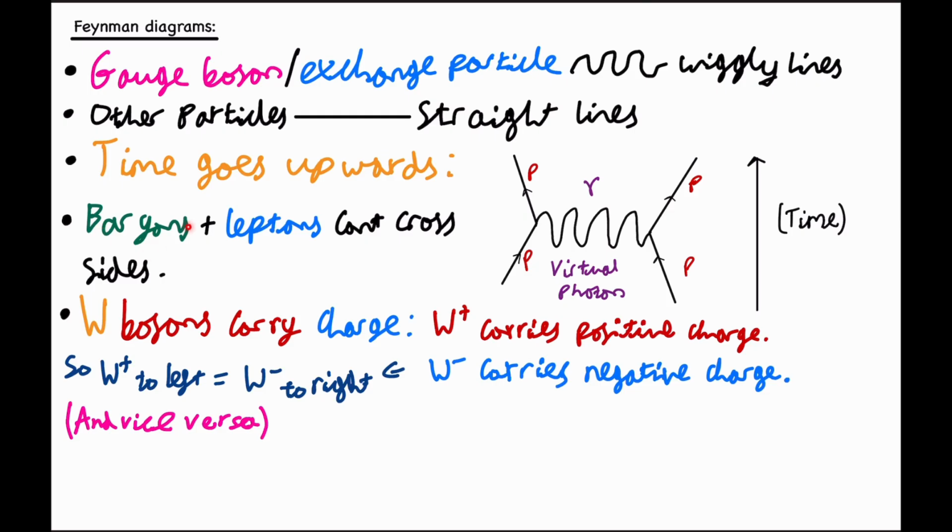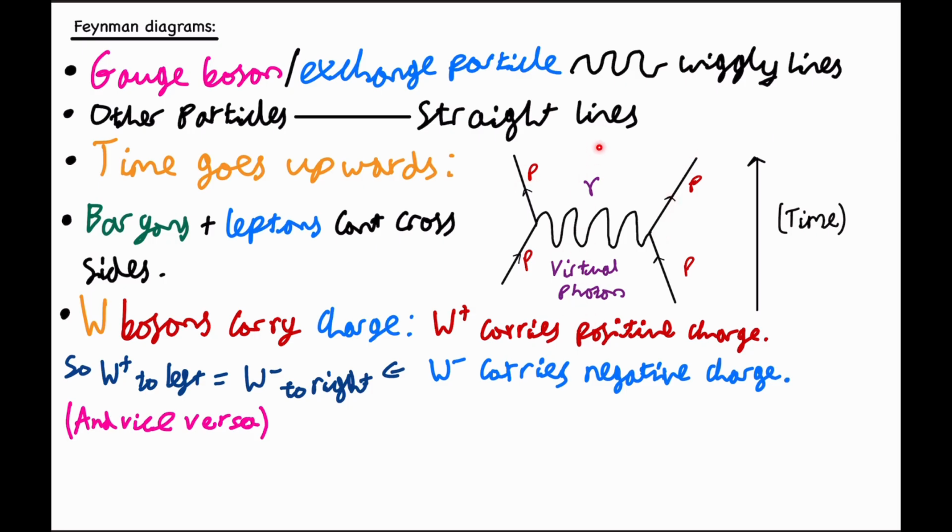And baryons and leptons can't cross the sides. So for example here, remember the straight lines show the other particles and the exchange bosons are the wiggly lines. So in this case it's the virtual photon. And the baryons, for example the protons here, don't go to the other side.